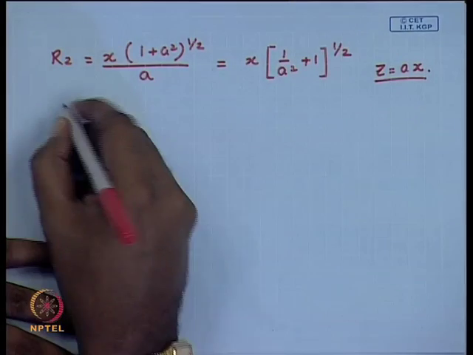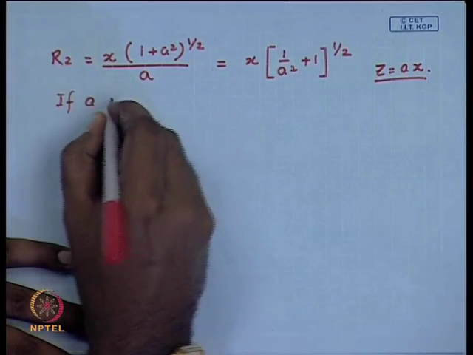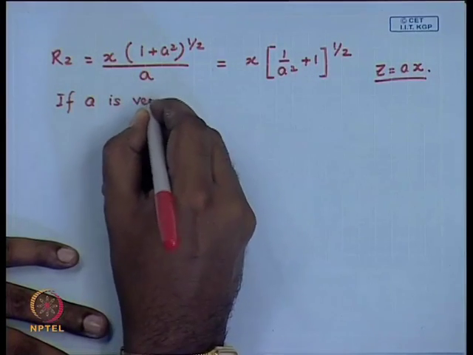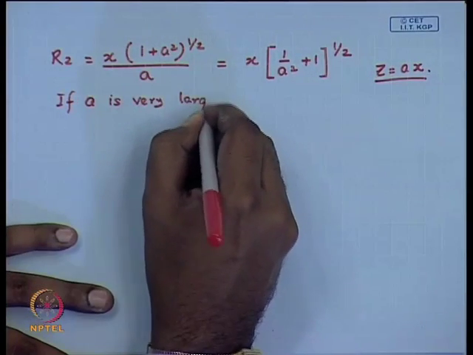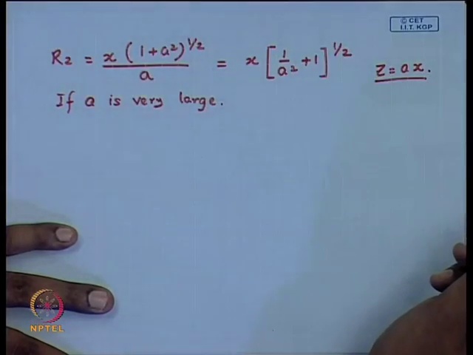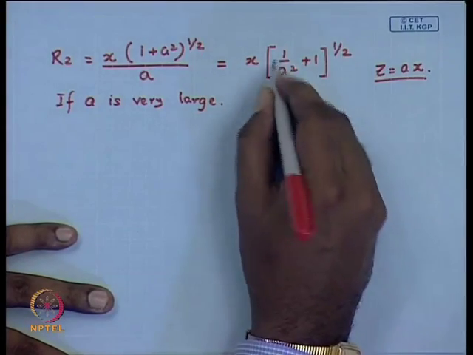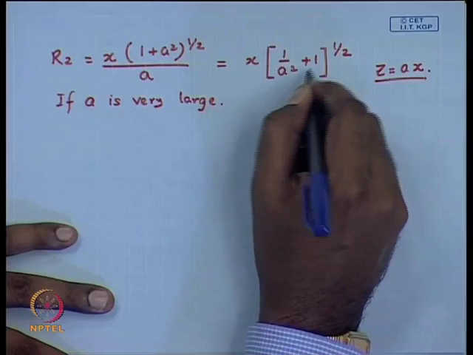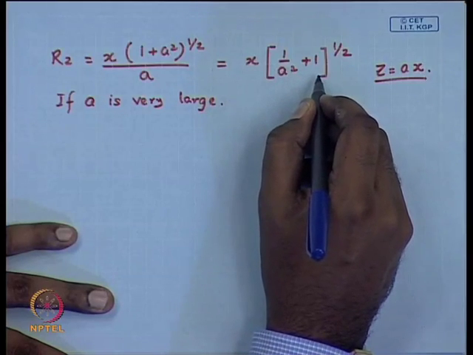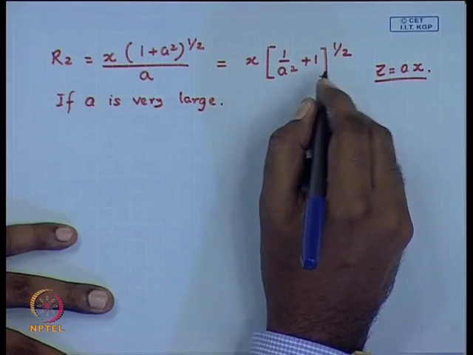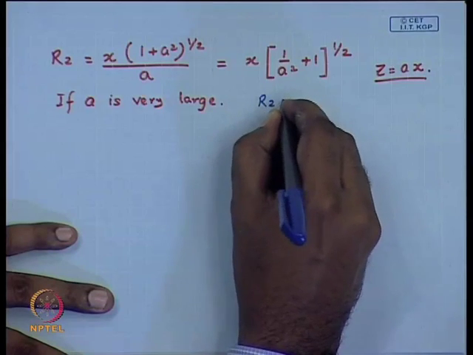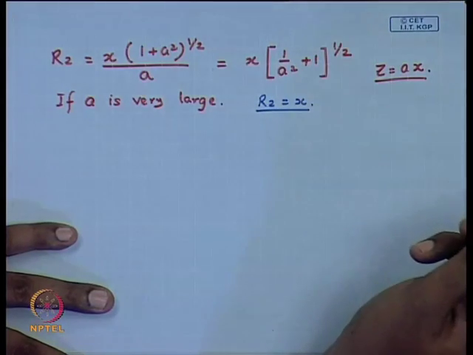Now, if A is very large, then this particular term, the first term, can be neglected in comparison to the second term. So, what you get is R 2 is x, right.